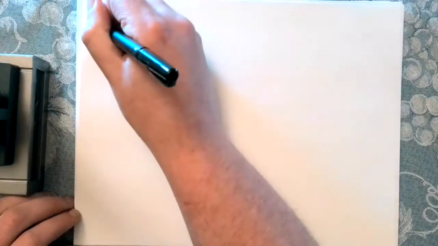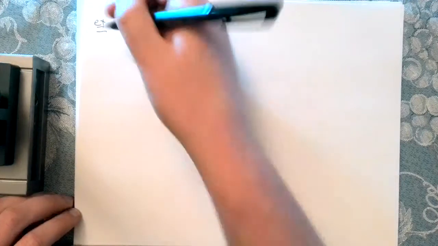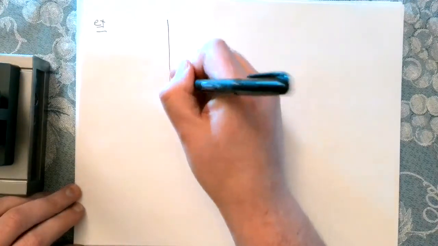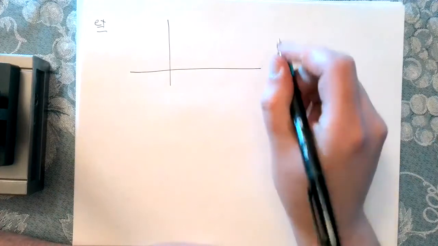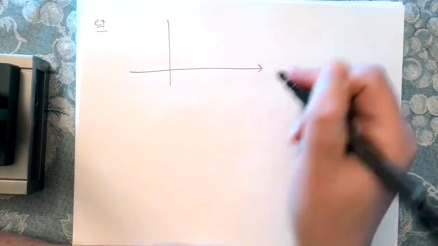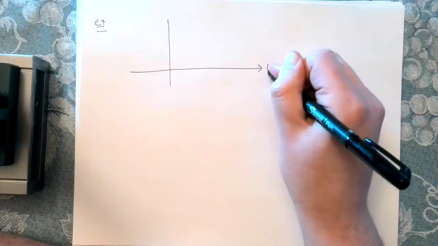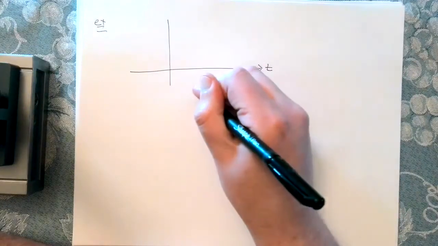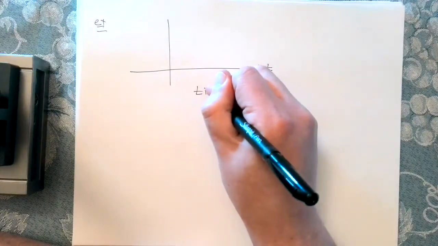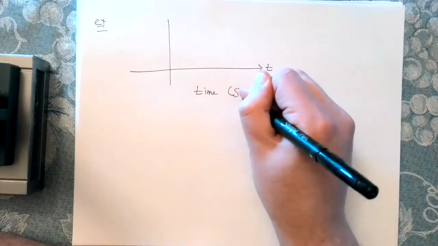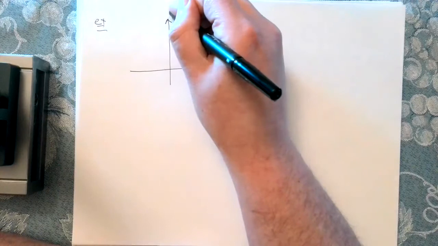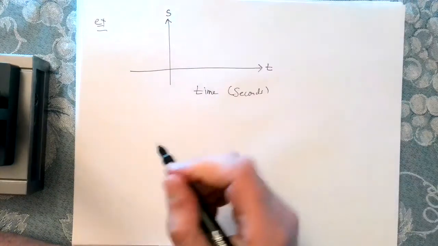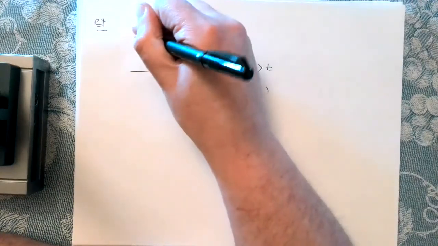So just quickly, suppose we had the following context. I want to do a different example where maybe we don't do a computation, we just think about this for a second. Let's say that this t-axis represents time in seconds, and this s-axis represents distance in feet.